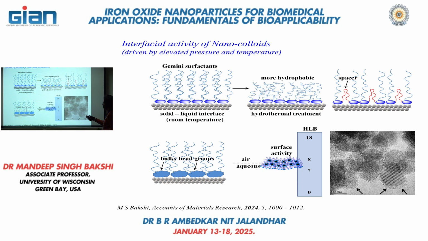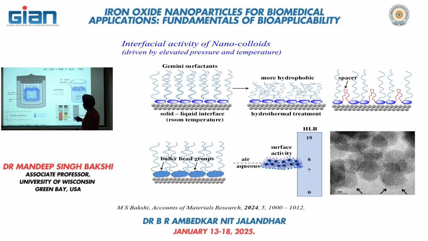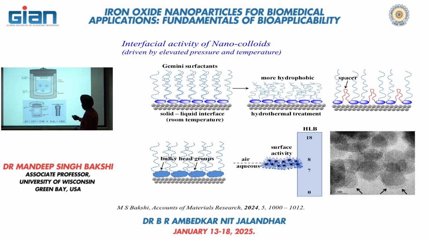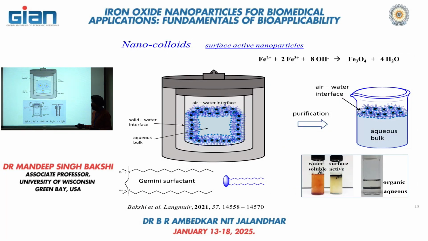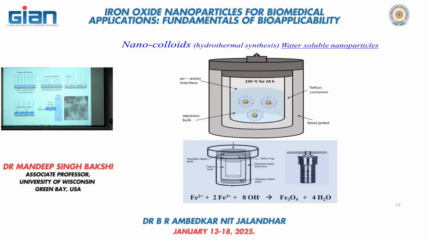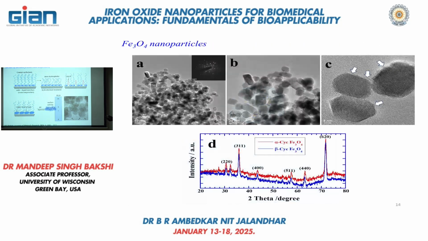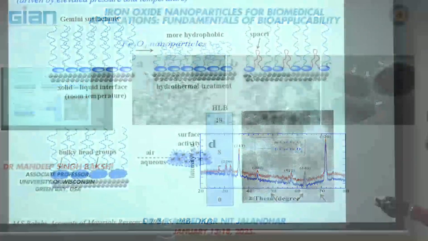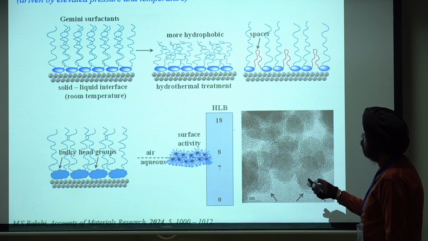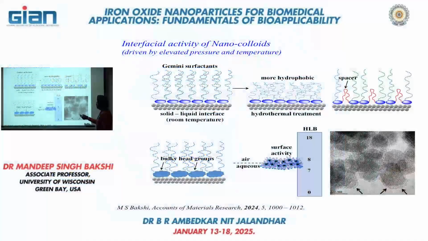What happens when we place this structure at elevated temperature and pressure? I am talking about this one. When I place this at an elevated temperature and pressure, how can I achieve the surface activity? When I perform the hydrothermal treatment, these hydrocarbon chains become much more hydrophobic.